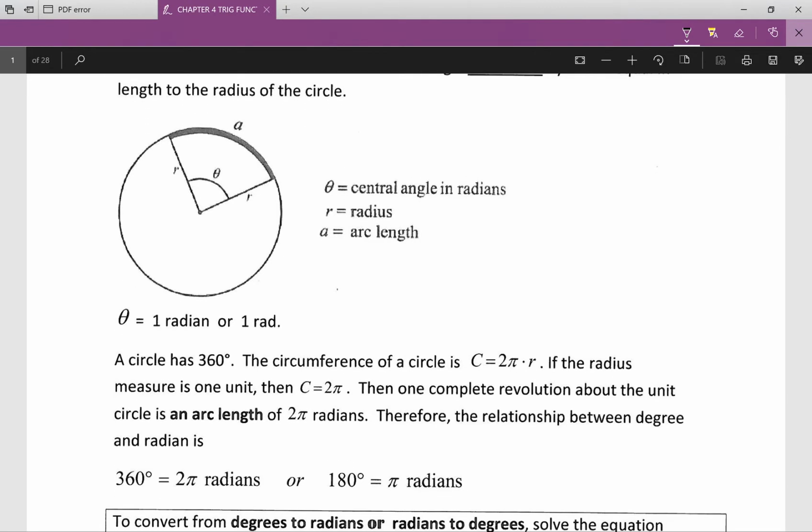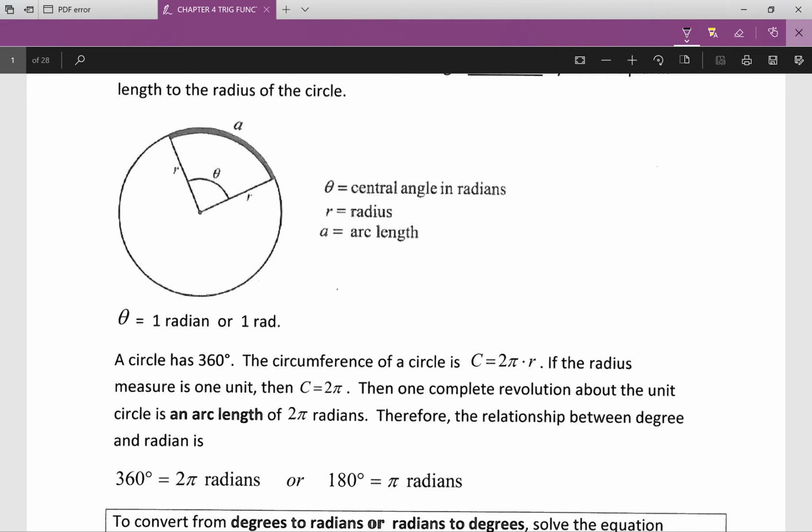What it means is we come down to right here. The circle has 360 degrees, and the circumference of the circle is 2 pi r. If the radius measure is 1 unit, then the circumference equals 2 pi.